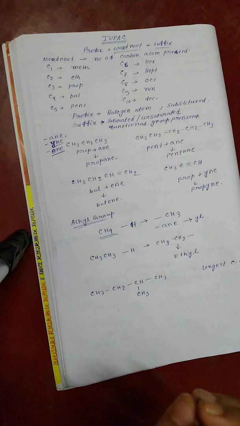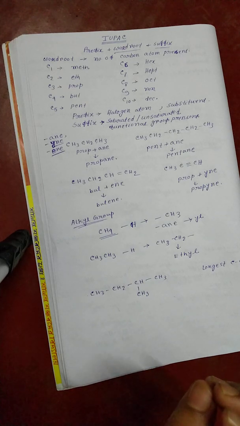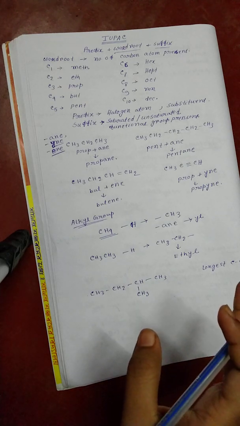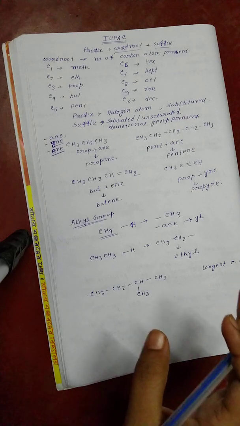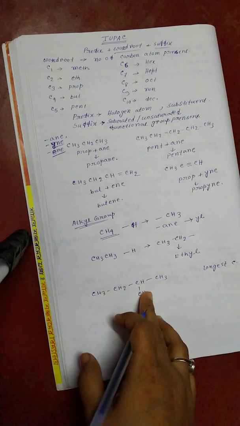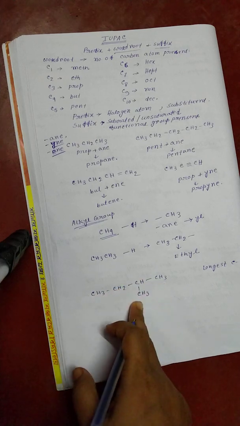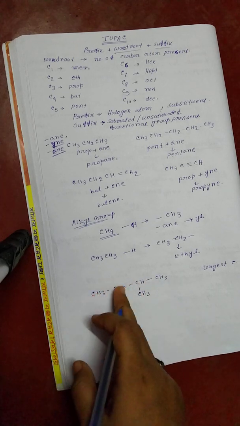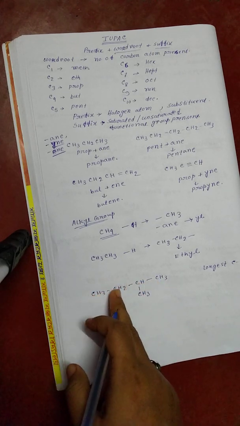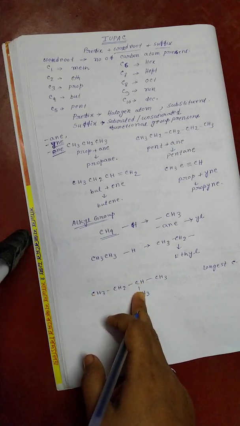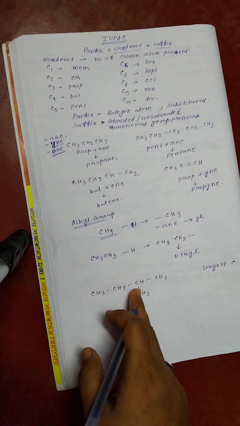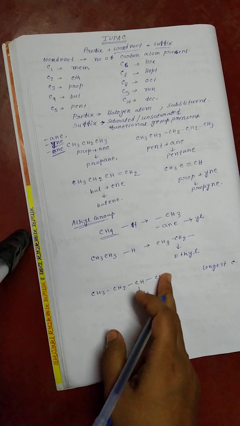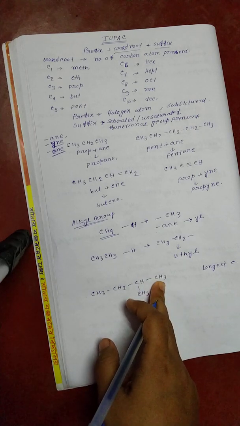Like in this example, 5 carbons are present, but if we see the longest carbon chain, then 1 2 3 and 4, this chain contains 4 carbon atoms in the longest carbon chain, and 1 carbon atom is considered as the substituent or branched carbon atom.